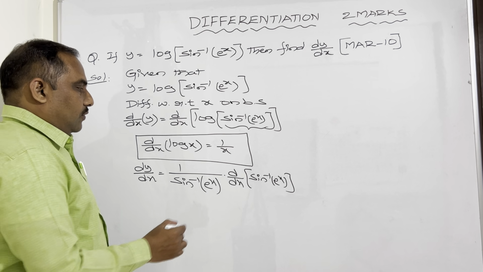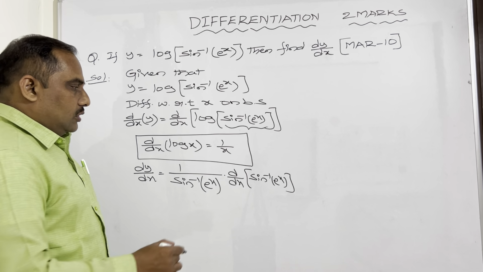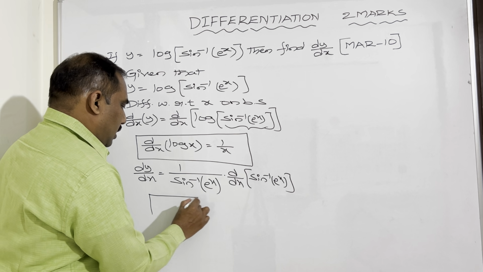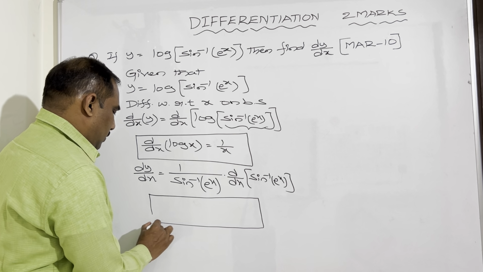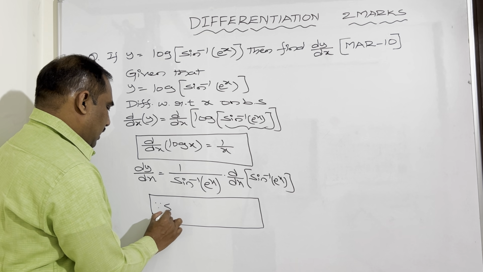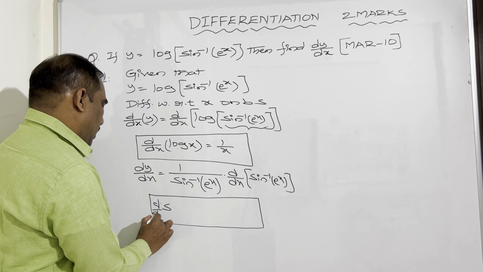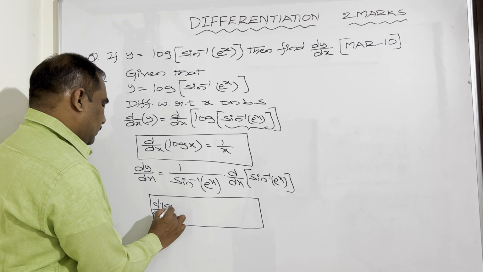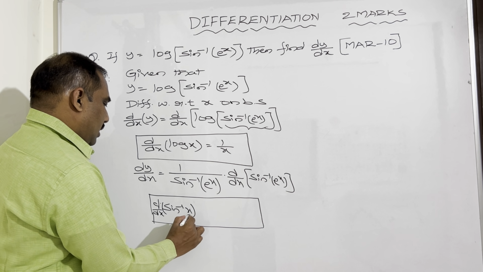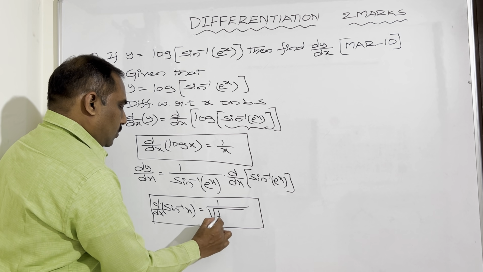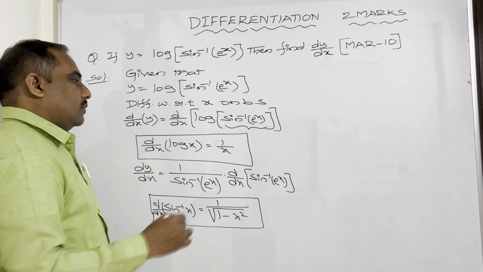Now here if you observe, this is like sine inverse x. We know that the derivative of sine inverse x, d by dx of sine inverse x, is equal to the standard form 1 by root over 1 minus x square.